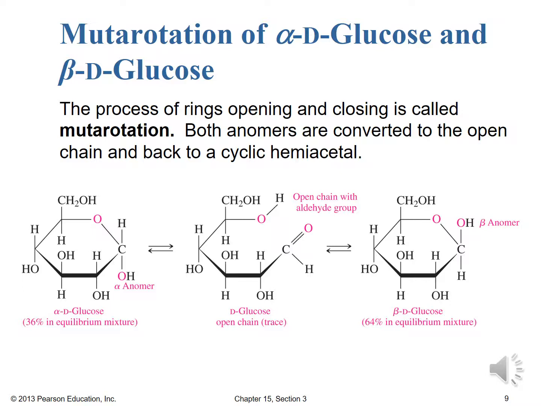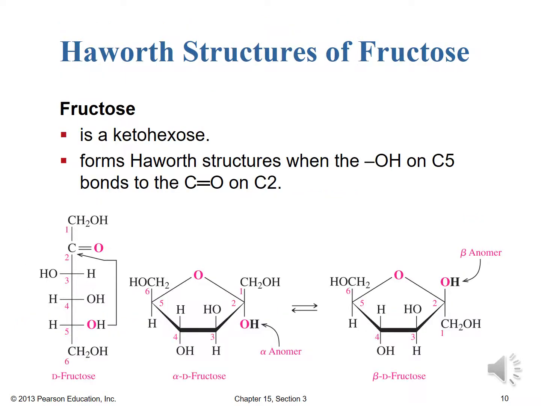And roughly a third of the time, 36% of the time, we have the alpha anomer, where the OH group is below the ring and the carbon 6 there is above the ring. So there we have it. We can go from one form to another, but it tends to be predominantly the beta anomer for D-glucose in its ring form.